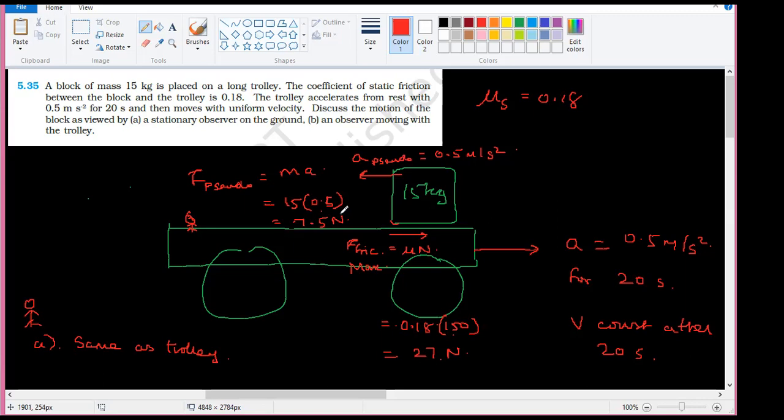If anybody wants me to continue the class, you can answer. Otherwise, I will stop here. Sir, it is because of friction. Yeah, that's all. The friction is more than this force, which means the friction is holding the block along with the trolley. As simple as that.